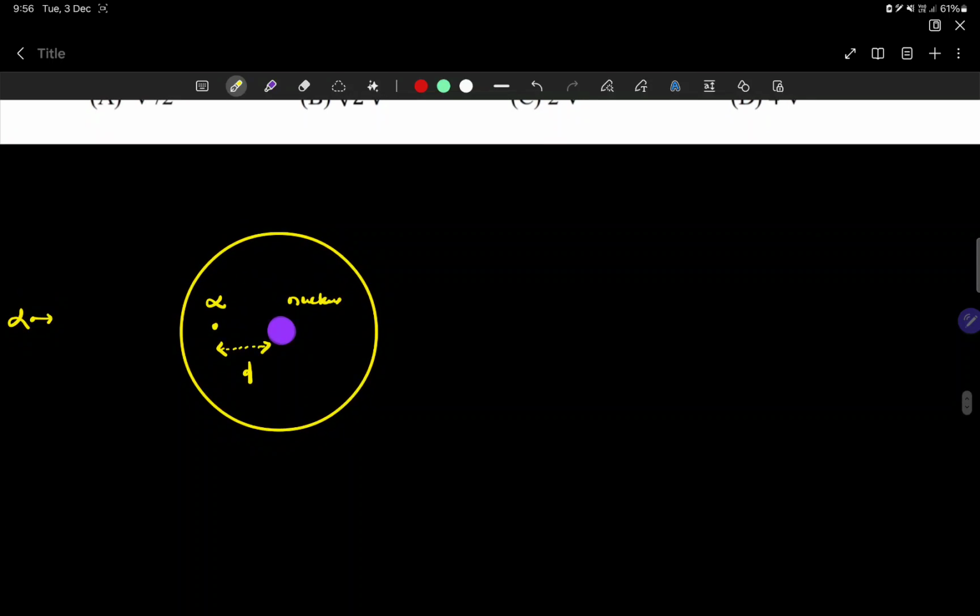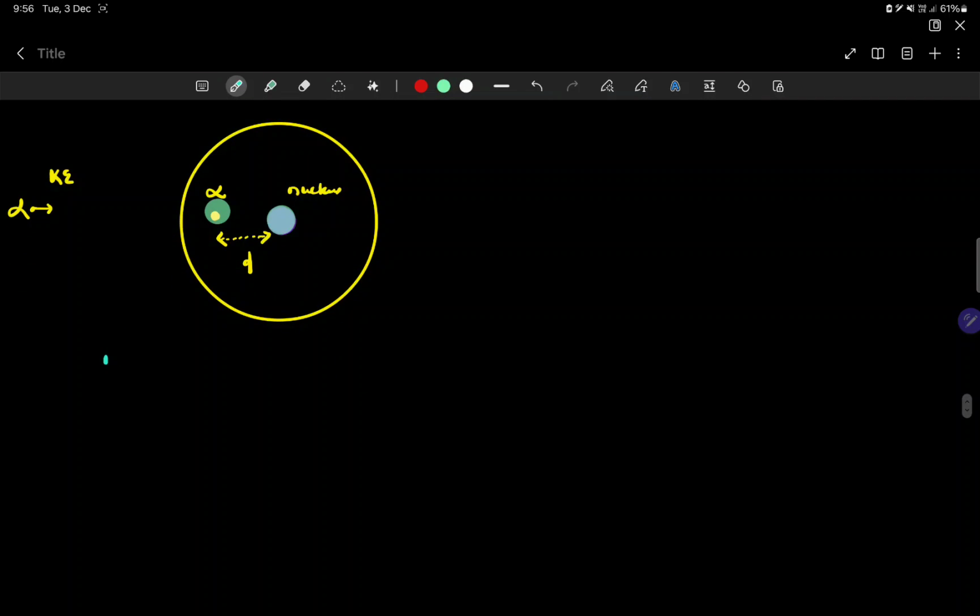Initially the alpha particle has kinetic energy. When the alpha particle reaches the final point, there will be electrostatic potential energy between the alpha particle and the nucleus. So here the kinetic energy of the alpha particle gets converted to electrostatic potential energy.